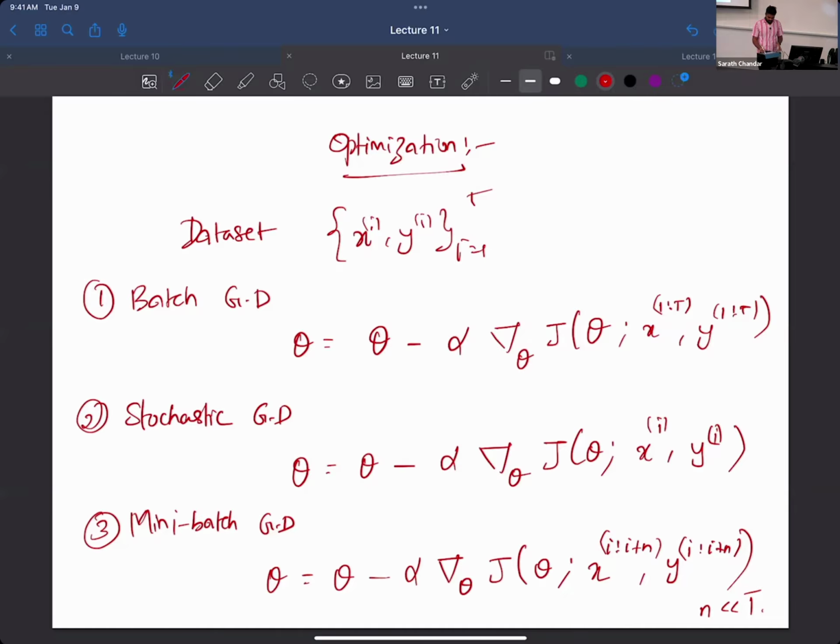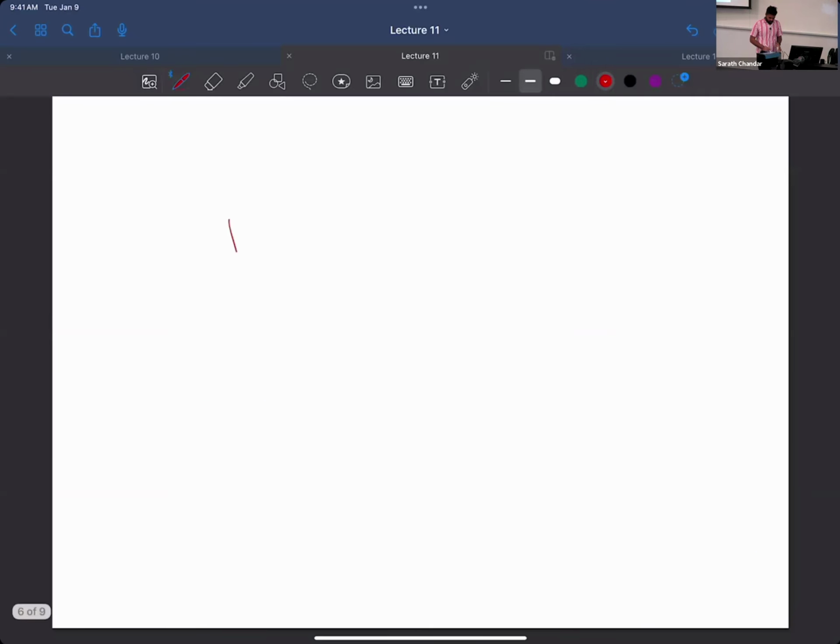So if you have a loss function which looks something like this, and you're here, and you're doing full batch gradient descent, which means every time step you're getting the true gradient, you'll take steps in such a way that you reach this region, right? However, when you do stochastic gradient descent or mini batch gradient descent, the gradient that you're getting is just a stochastic approximation of the true gradient.